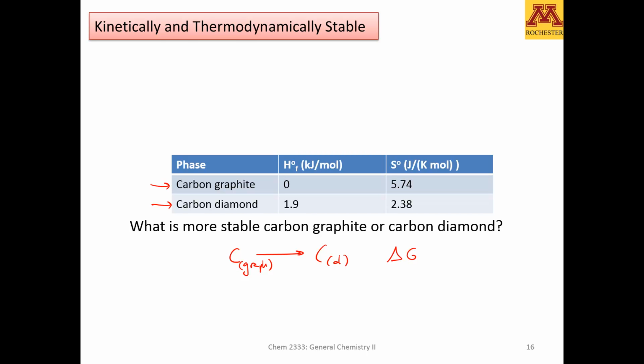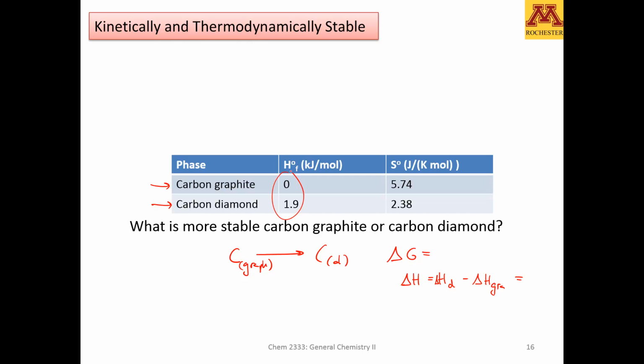So for this reaction, and notice we could have done the opposite reaction, diamond is going to be my products. So let's say delta H is the enthalpy of products, that is of diamond, minus the enthalpy of reactants, that is of graphite.